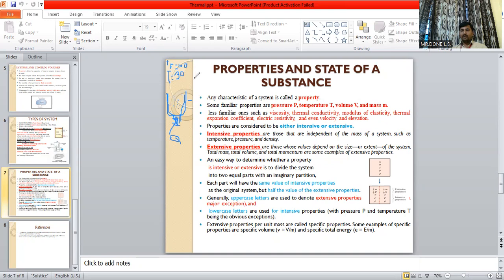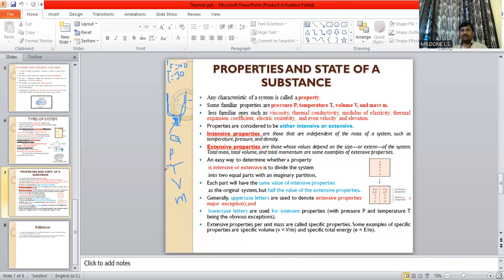Okay. Now some familiar properties are also going to be considered. First one is the pressure, the second one is the temperature, third one is the volume, and fourth one is the mass. Some familiar properties are pressure, temperature, volume, and mass.